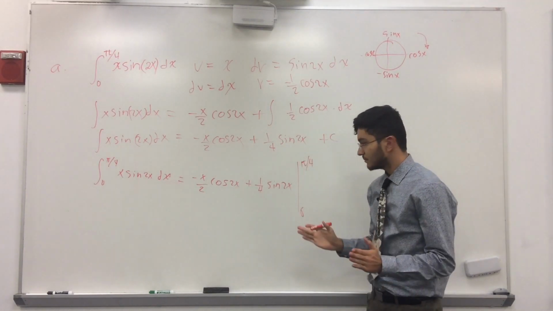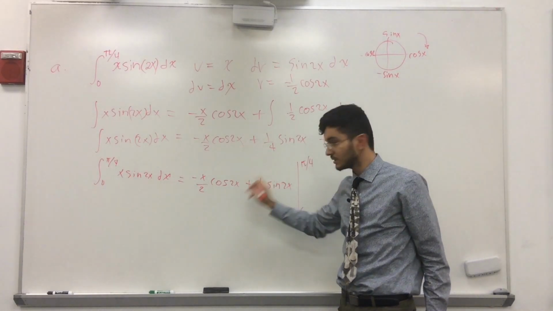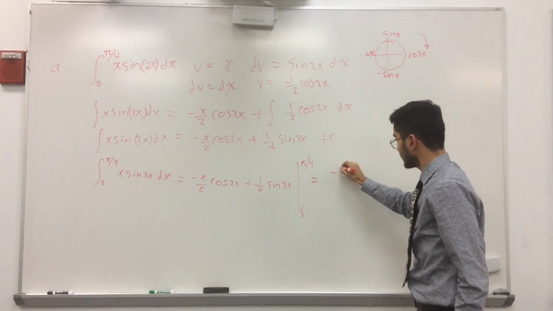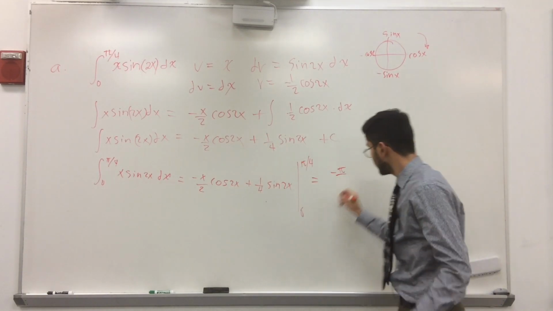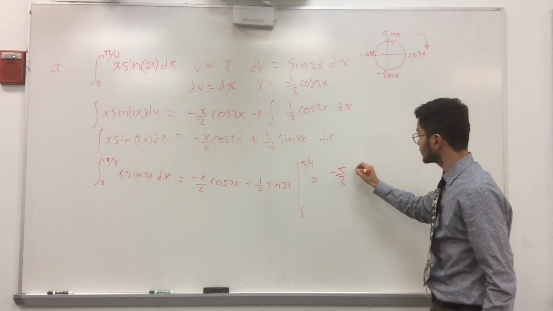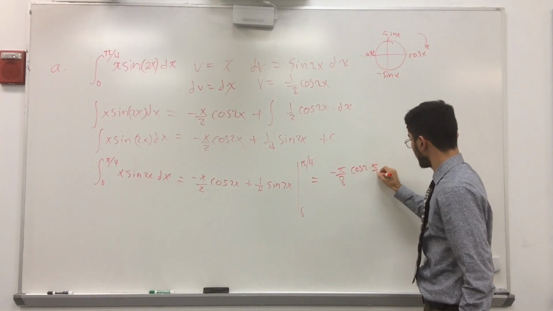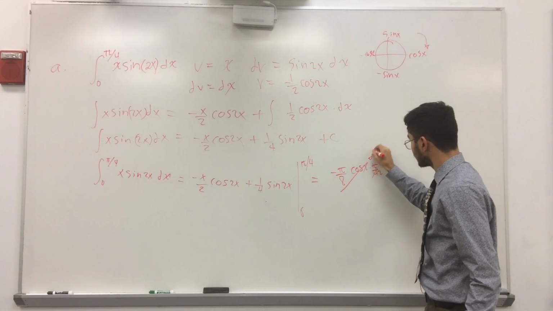Very simple, right? Now we substitute our values of x for the upper limit. So this is negative pi over 4 over 2, which is pi over 8, times cosine of 2 times pi over 4, which is cosine of pi over 2, which is 0. So this cancels out.